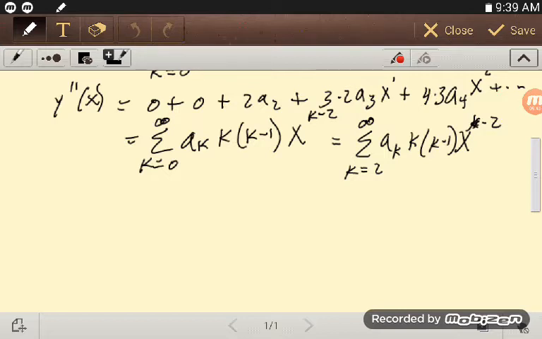So then, okay, so we know how to take derivatives. Piece of cake.